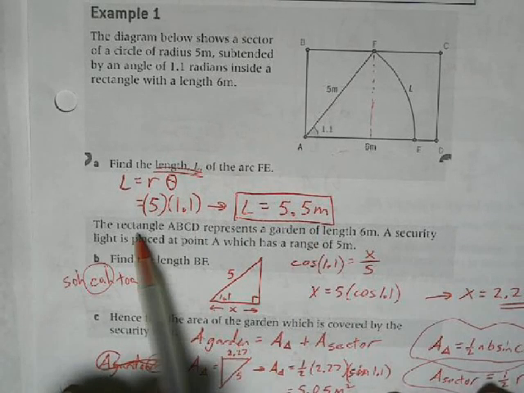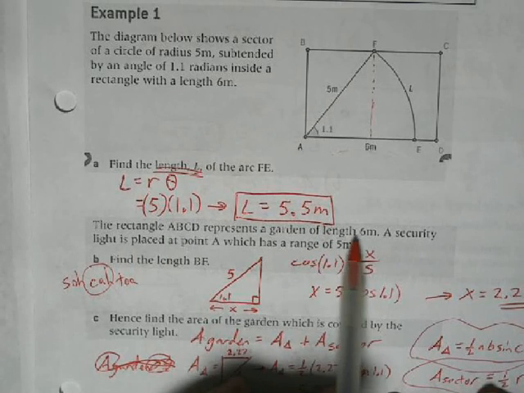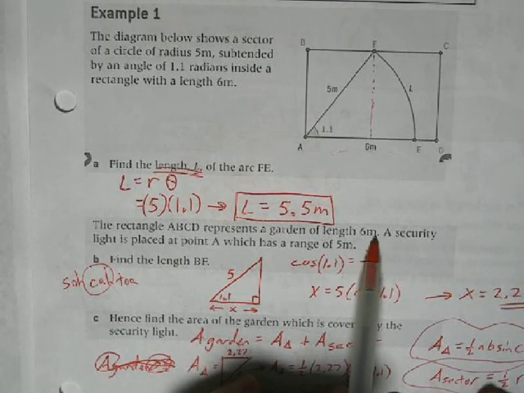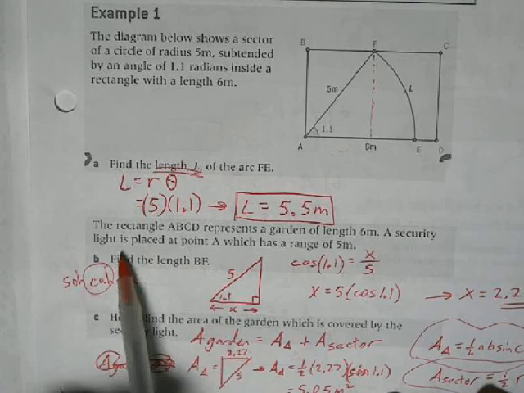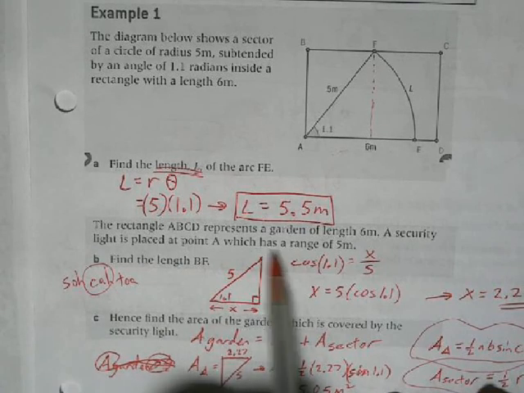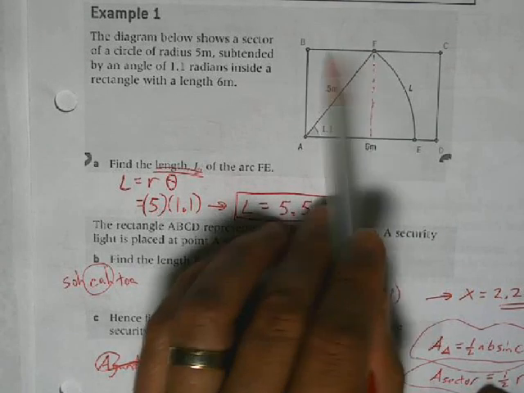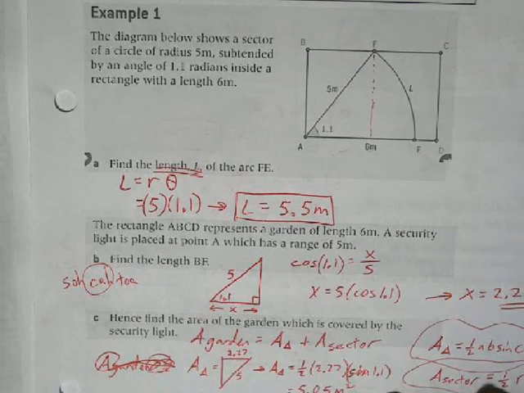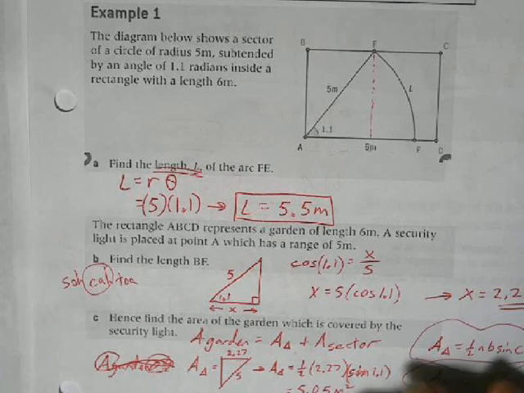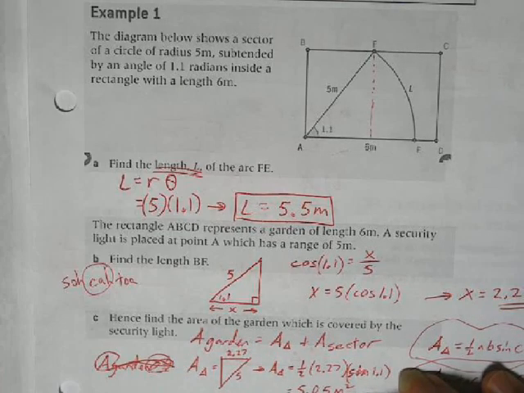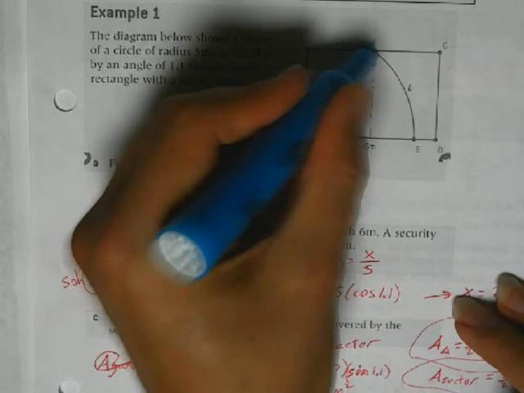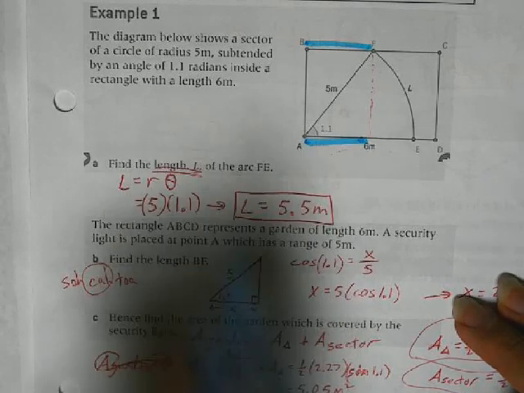Okay, the rectangle above represents the garden, length 6 meters. A security light is placed at point B. Find the length of B to F. So from here to here, this length here to there is the same as that there, right?